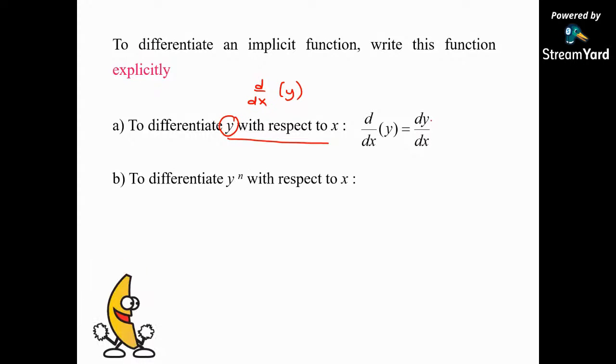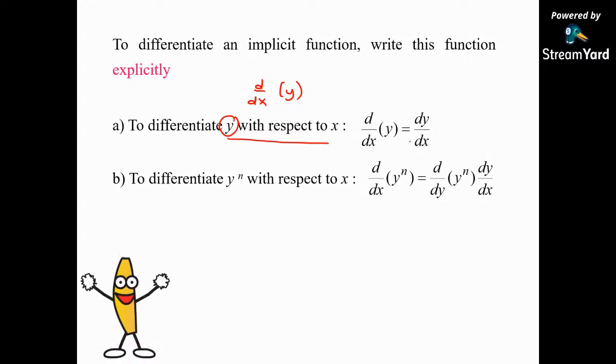If let's say you want to differentiate y to the power of n with respect to x, then d over dx of y to the power of n. Since the variable over here is y, we're going to use something called the chain rule. We differentiate y to the power of n with respect to y first, and then multiply by dy over dx.